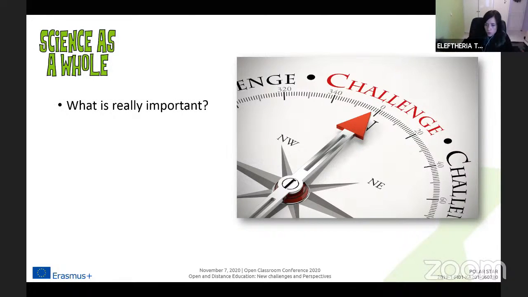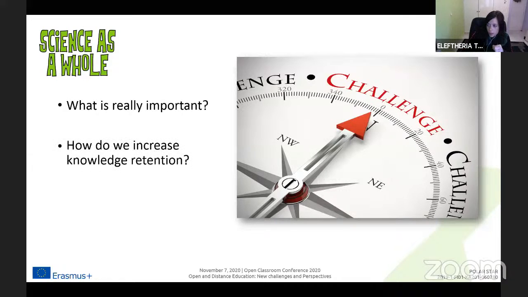Of all this huge bulk of information that we have to communicate to them, what is really important? And the second one is, how do we make that knowledge stick? How do we increase knowledge retention? Both these questions are super closely linked again to our main problem, which is overloaded curricula.